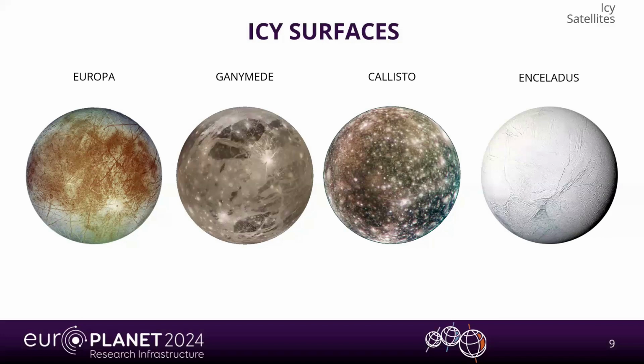Their surfaces show kilometric scale, but also global scale linear structures that shape them with a very puzzling pattern. So they show a very complex structural pattern.